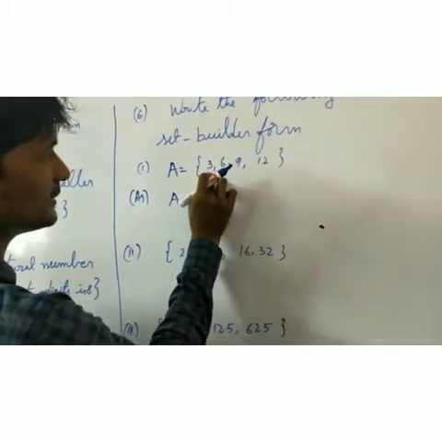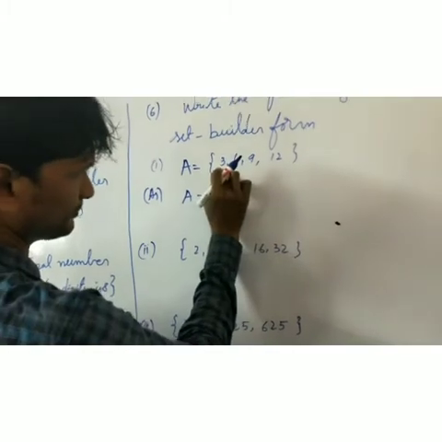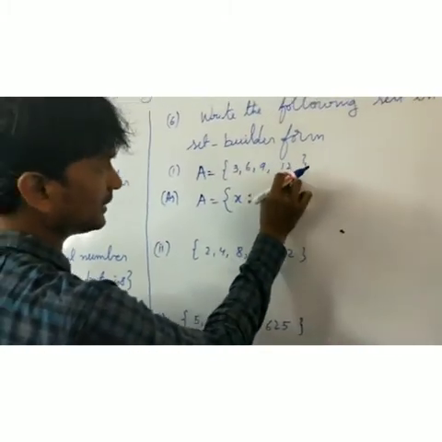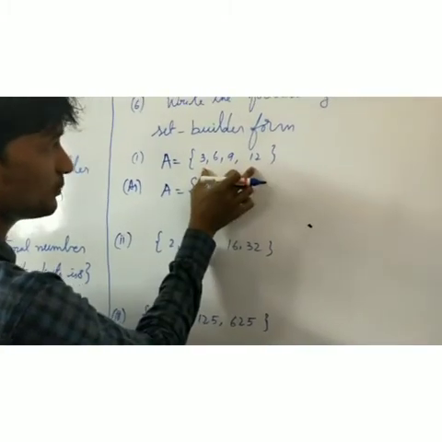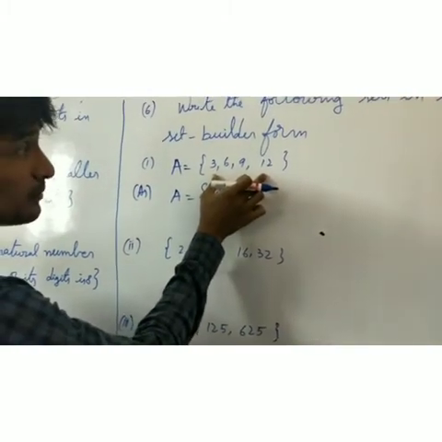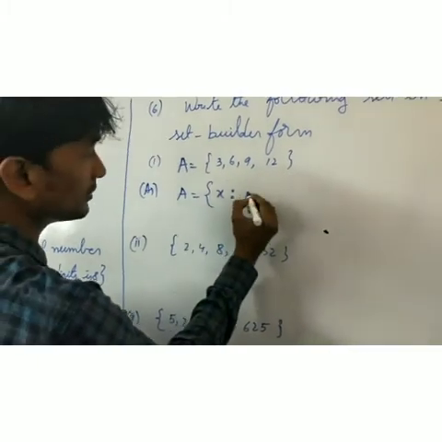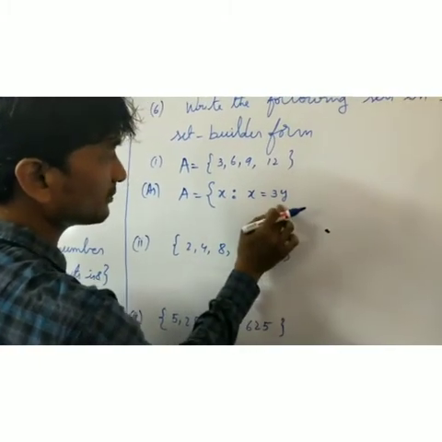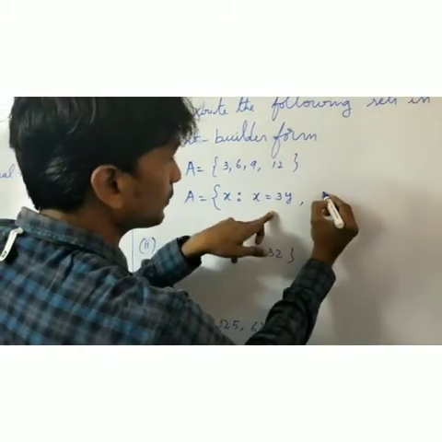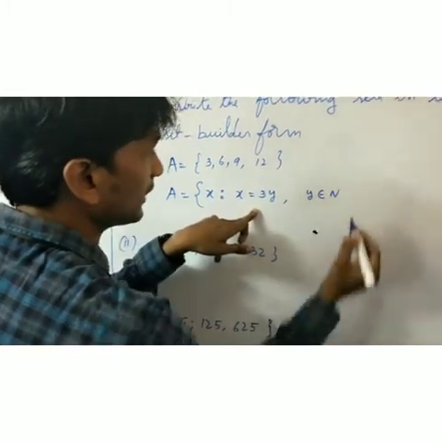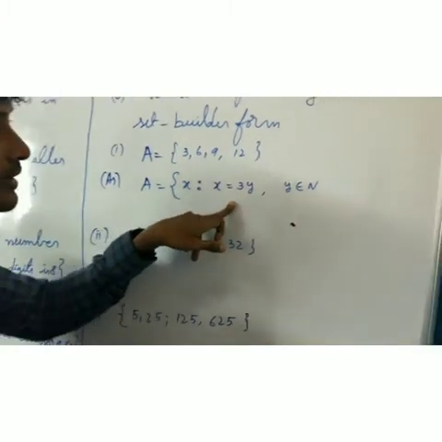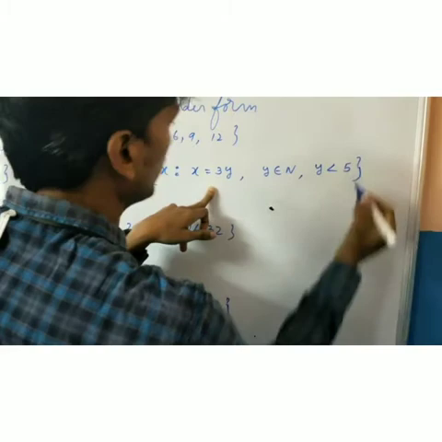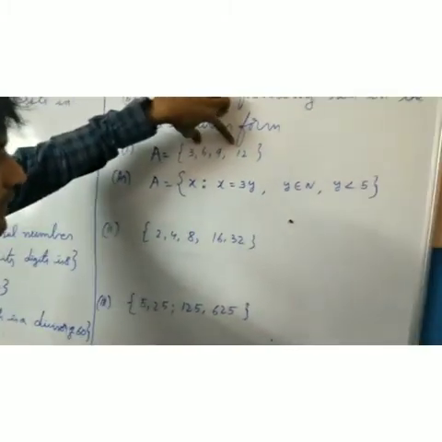See here, 3 ones are, 3 twos are, 3 threes are, 3 fours are. So these are multiples of 3. It can be written as x equal to 3y, where y belongs to N, y less than 5, only below 5 here.